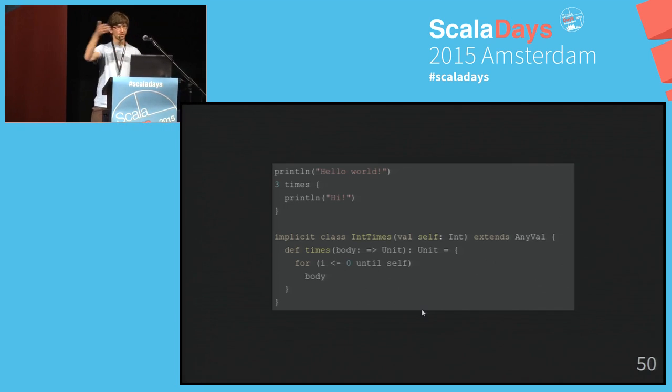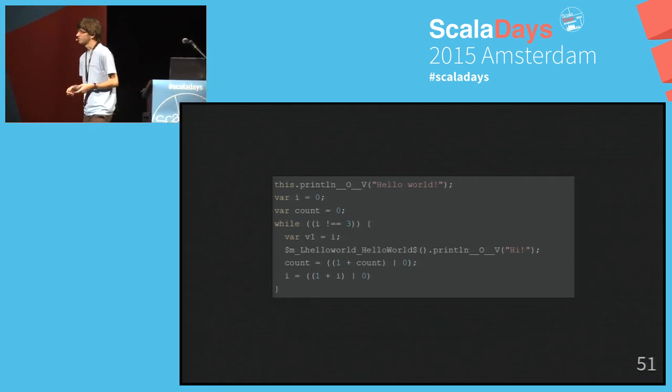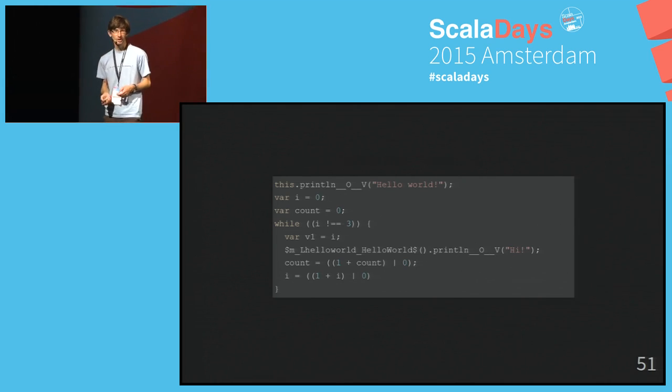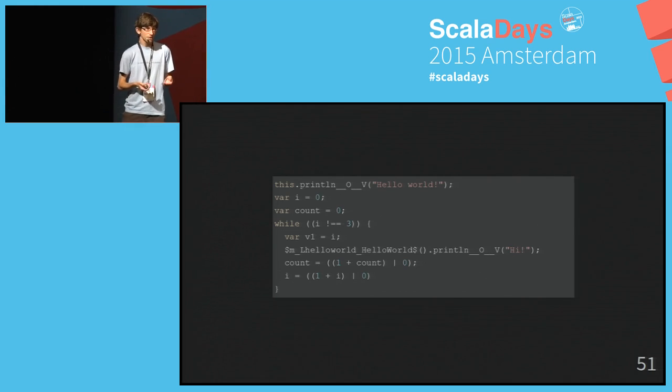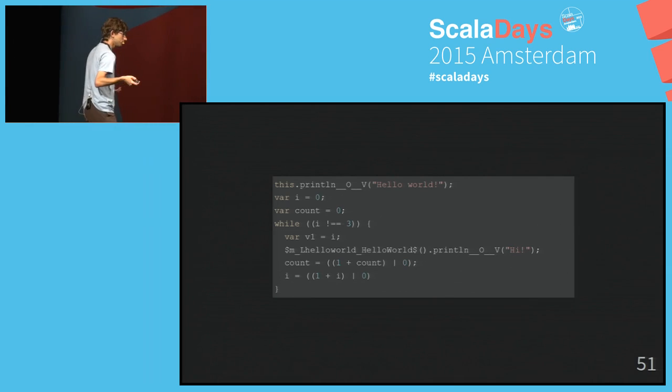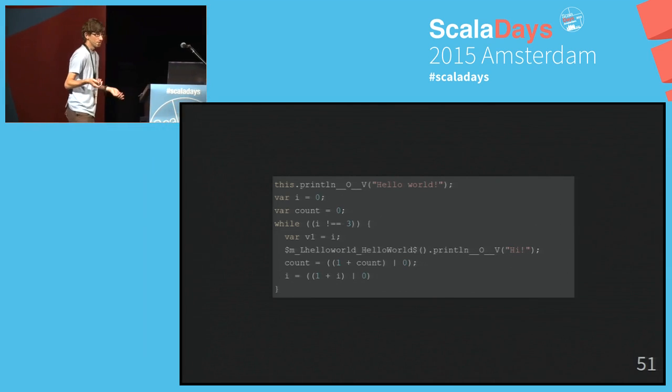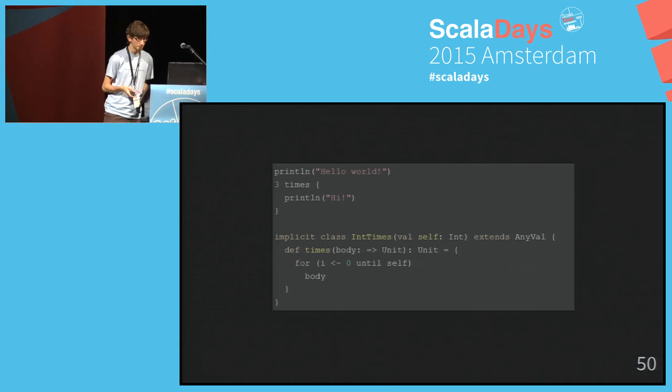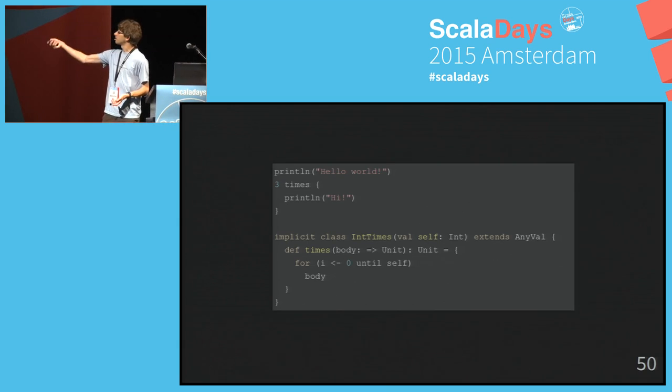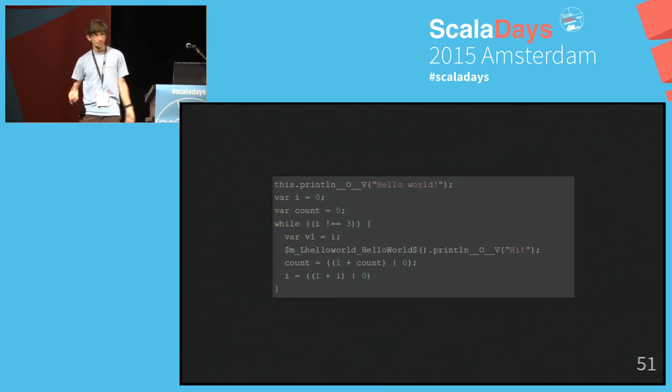So, for example, 3 times a block of code will execute that block of code 3 times. And this is the JavaScript that you get from this. Again, the lambda is all gone. All you have is a while loop. Even the for comprehension over a range disappears. It's just a while loop.